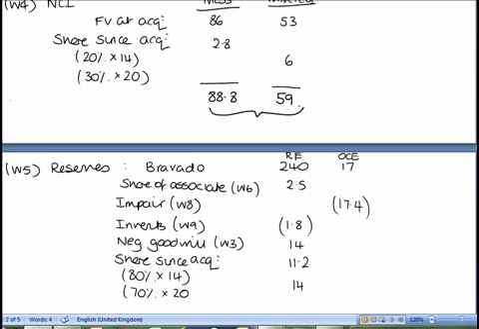Add those two figures together, and we've got an NCI total of 147.8.